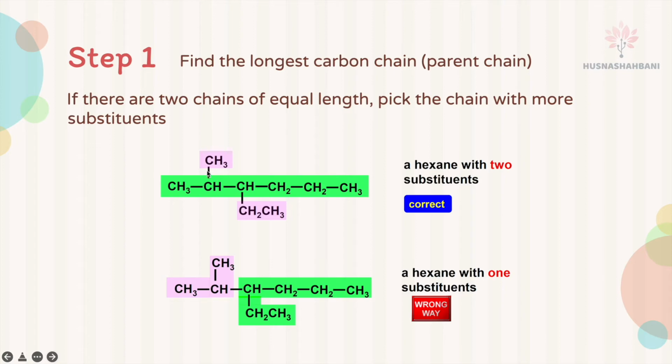This is one bond attached to the parent, second bond attached to the parent. For this one, only one branch bond is attached to the longest carbon chain. So here, only one substituent. This structure has two substituents. So this is the correct longest carbon chain.